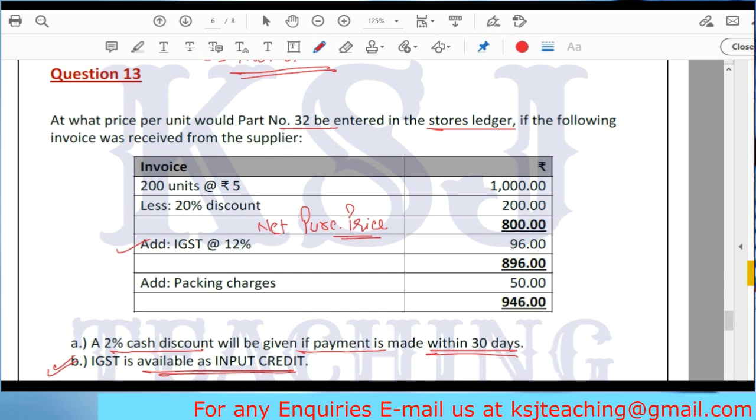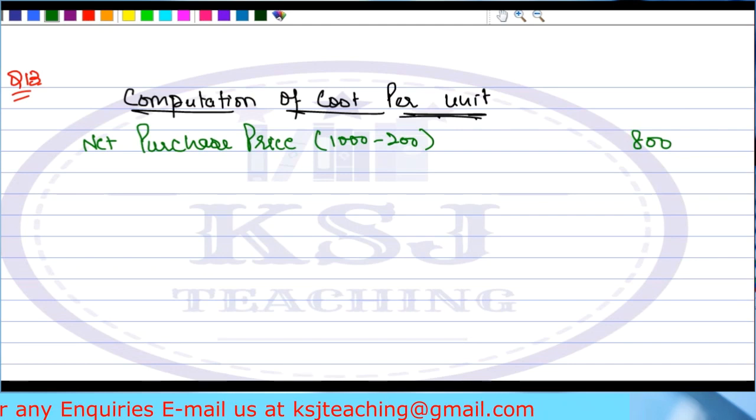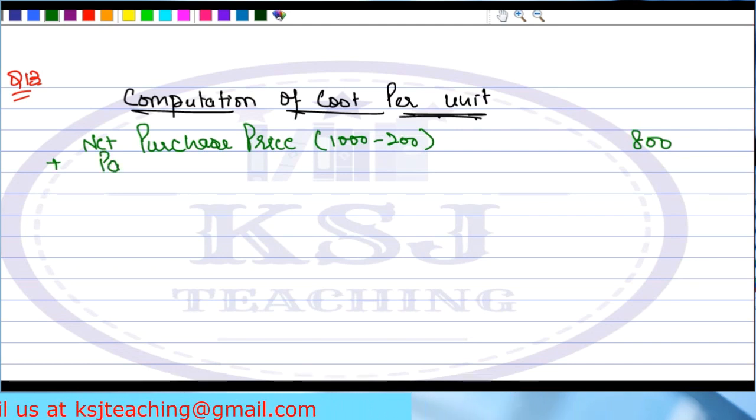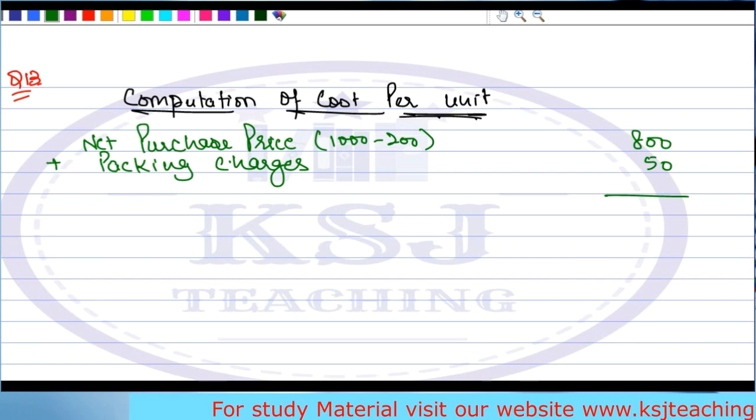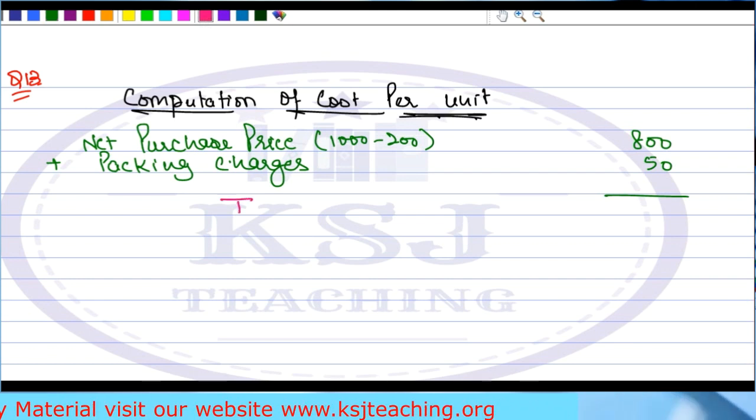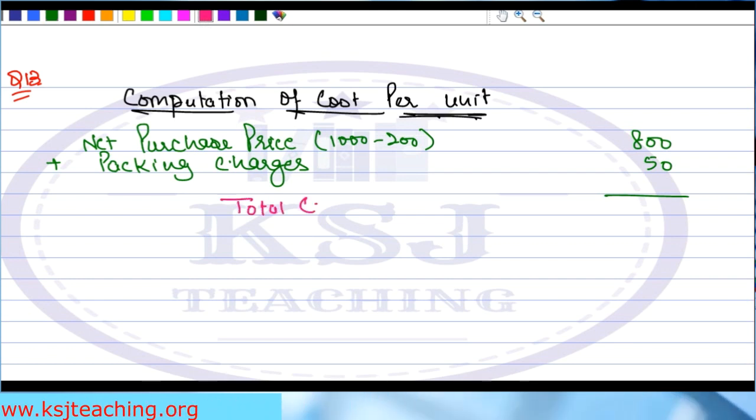So IGST will not be taken. Packing charges, yes sir, 50 rupees packing charges we will take. Add packing charges of 50 rupees. So the total cost here is 850, right?